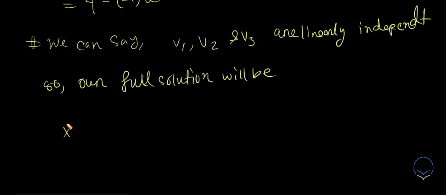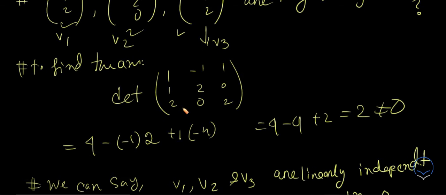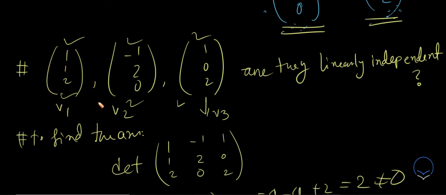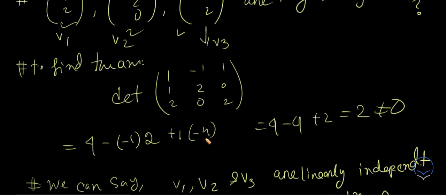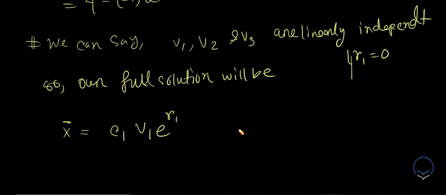this is our solution vector, let me give a bar, and this will be c1 v1 e to the power r1 t, where r1 is the associated eigenvalue, that means r equals 0. So let me write it over here so that you can understand what I mean. v1 is the eigenvector associated with the eigenvalue r equals 0, and the other two are associated with r equals 2. Then c2 v2 e to the power r2 t.